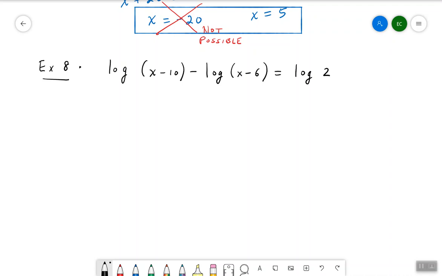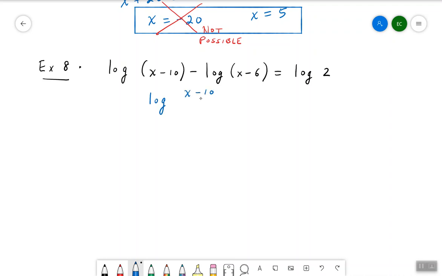Okay, so this looks pretty similar to the previous problem. There's a subtraction sign between the two logarithms on the left. So when we put them together as a single log, we'll have division.